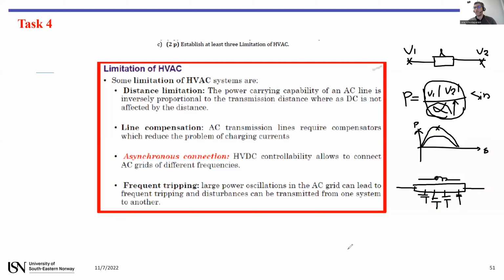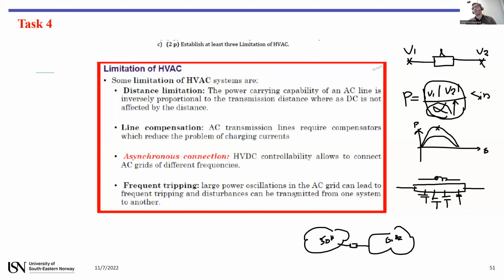The next is asynchronous connection. Suppose you have two power systems, one at 50 hertz and another at 60 hertz. You cannot connect them with the high voltage AC. You need HVDC to connect two power systems at different frequencies.